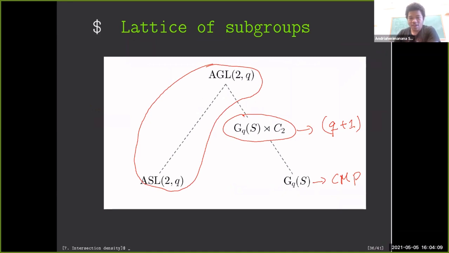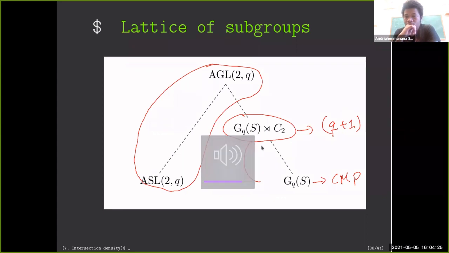The only thing that we tried was this one. So the intersection density in this case, they're equal. Yeah, I don't have any reason to expect that you get something nice in terms of it, but I don't know.